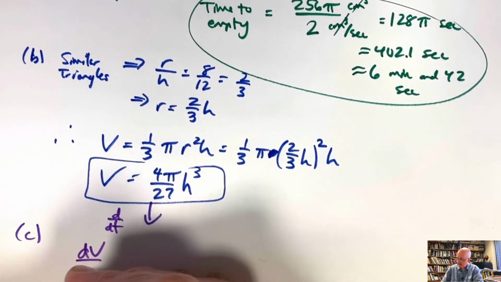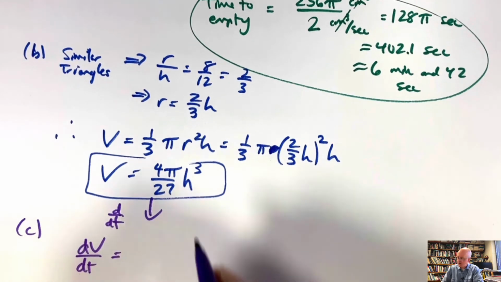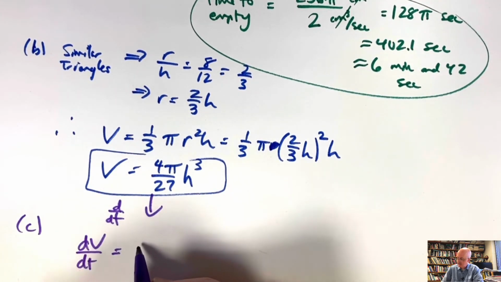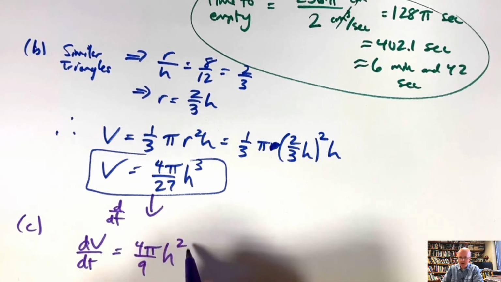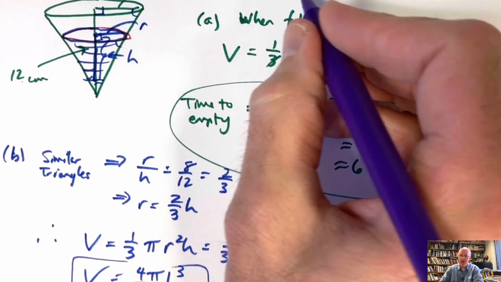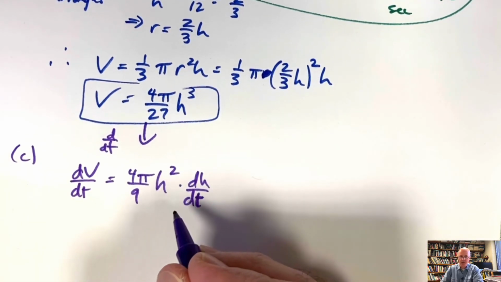dV/dt equals, with the chain rule on the right, we bring down the 3. 3 divided by 27 is 1/9. I get 4 pi over 9 h squared times dh/dt. This one's a little different in that we want to know how fast it's falling, so we should solve this for dh/dt in terms of dV/dt.